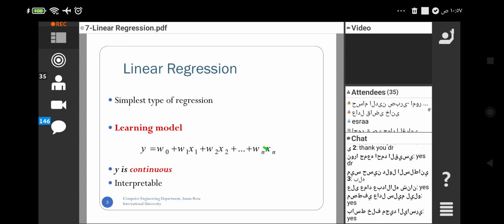So this is a linear regression. It has a linear learning model, and here we have the output y, which is continuous.